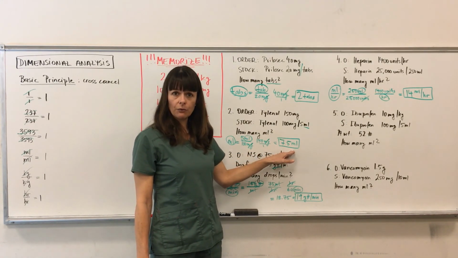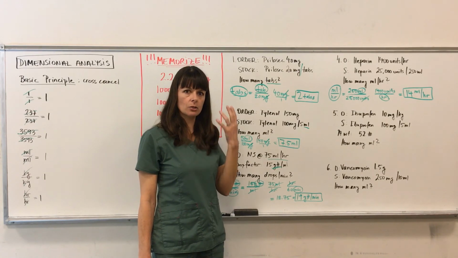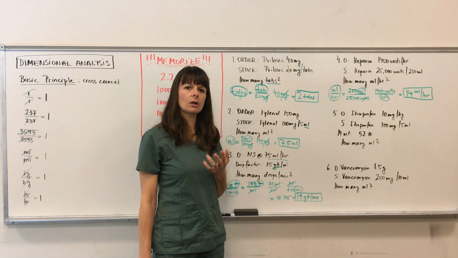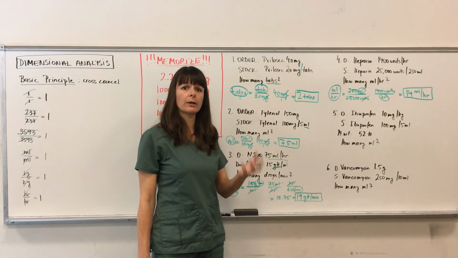If you work in the NICU, for example, 0.1 digit or 2 digits might be okay, but 0.0 typically, how are you going to measure this and draw it up in a syringe? So always think about, does your result make sense as to the medication that you're giving and the volume and how that could apply to patient care.